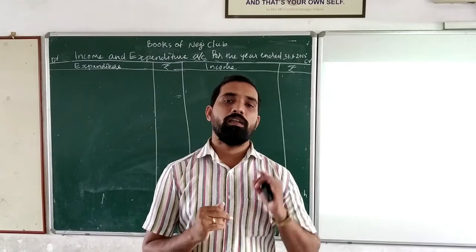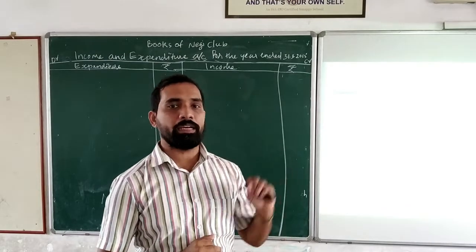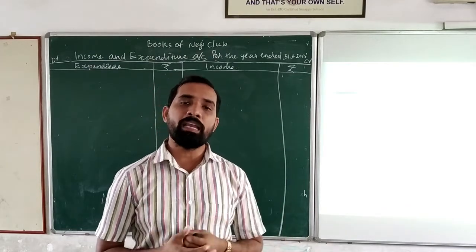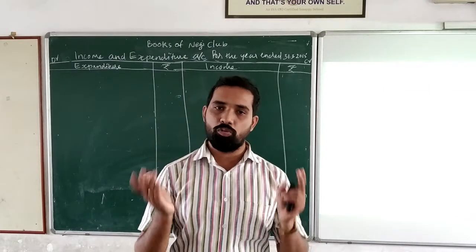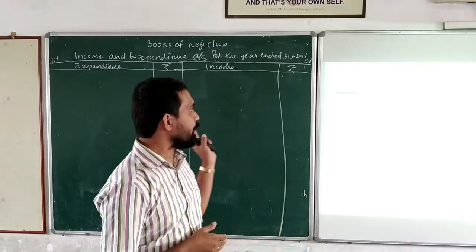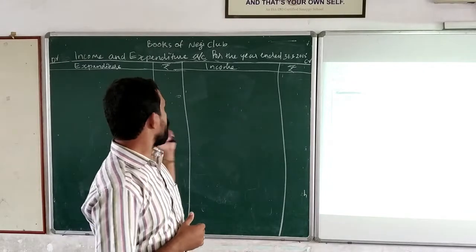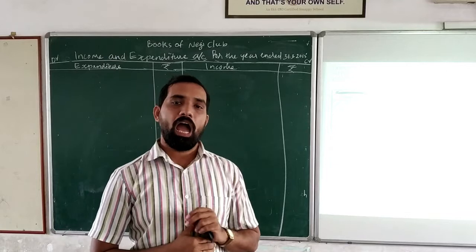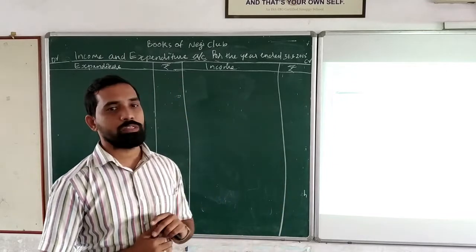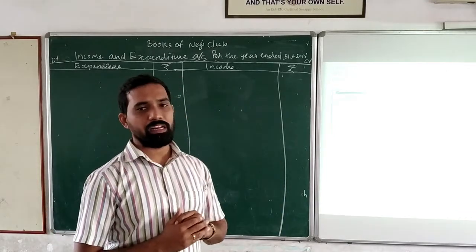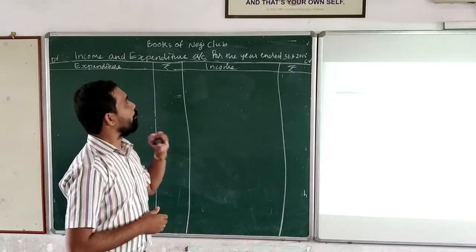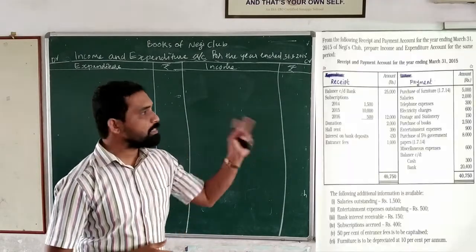Okay, so we can start with the first item. We know that the income and expenditure account has two sides, debit side and credit side. Debit side shows expenditure and credit side shows income.